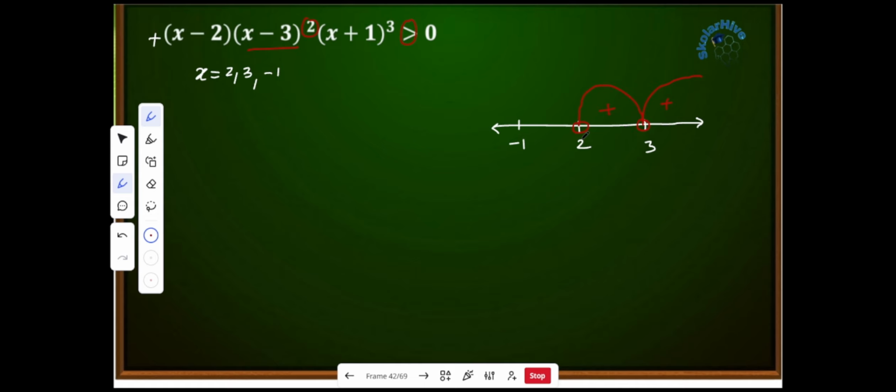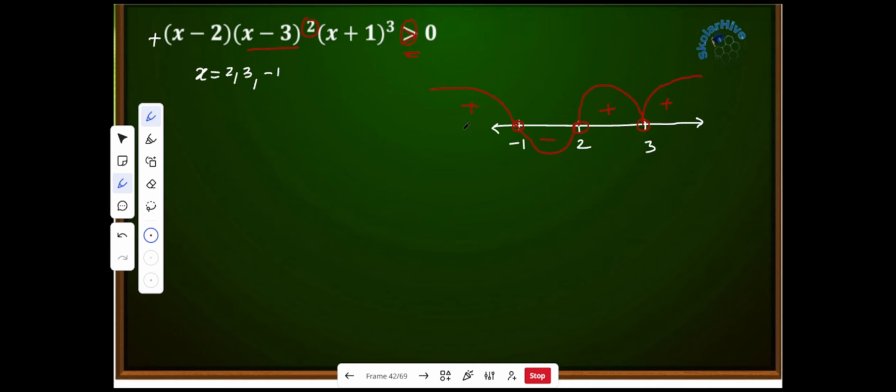Now we got 2. Look, the factor x minus 2 has power 1, meaning odd power, so this will change the sign from positive to negative. And over here at x equals minus 1, the power of this factor is odd, so again it will change from negative to positive. Now to find the solution, we just have to check the inequality, which is greater than 0, meaning positive, so we take all the positive regions and take the union of them.